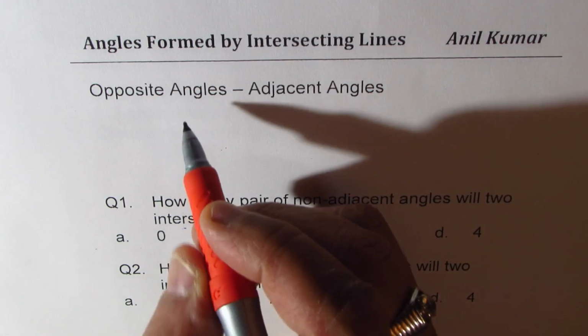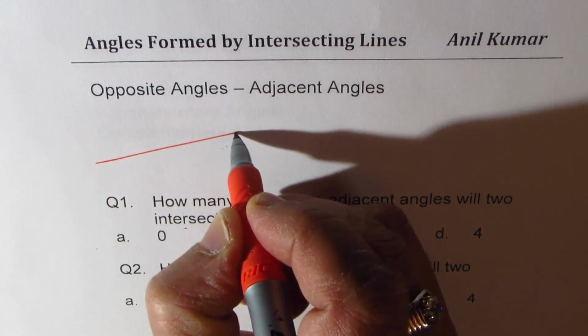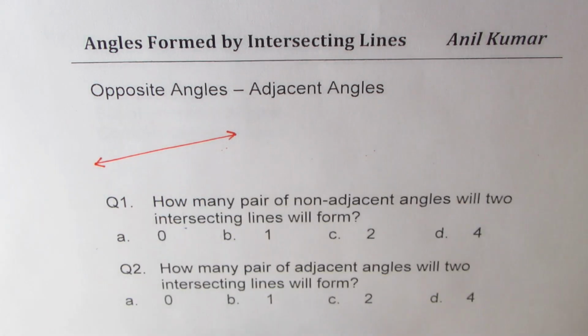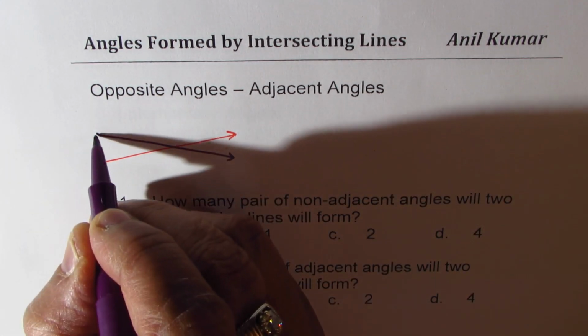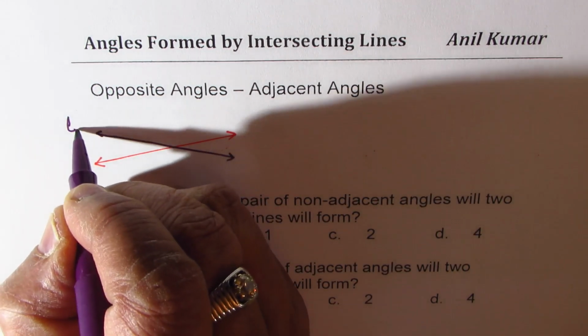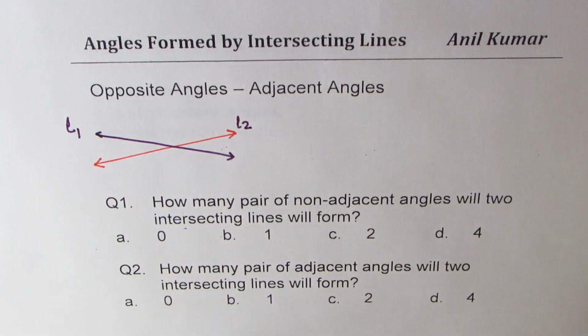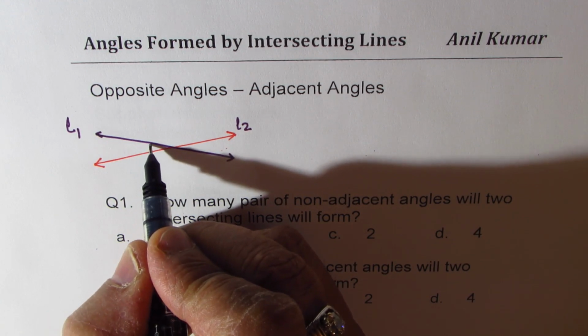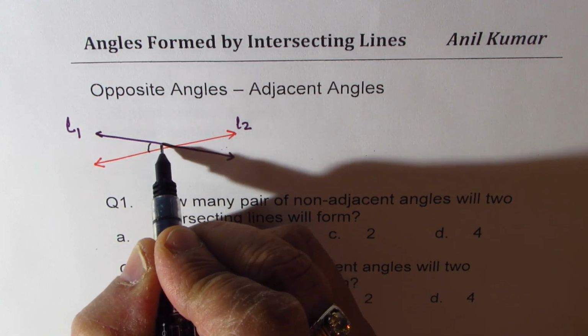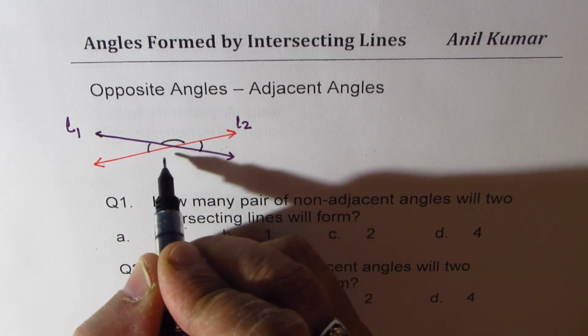So we talked about intersecting lines. Let me again draw a set of lines which are intersecting. Let's say these are two lines. We'll call them L1 and L2. So when they intersect, we can have four angles, for example, right? So we have these four angles.